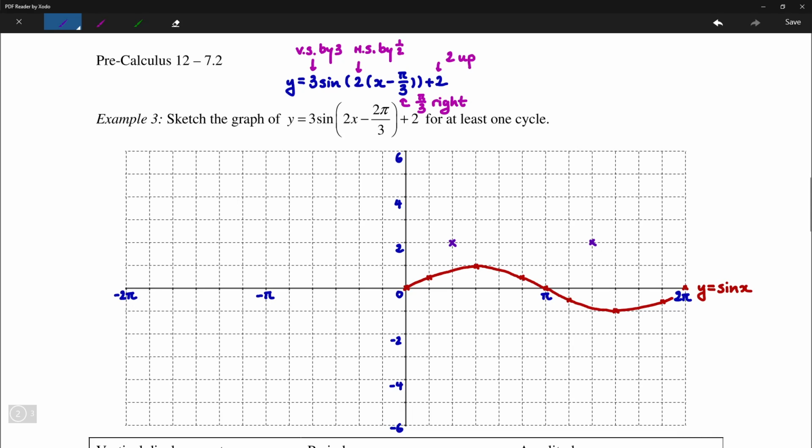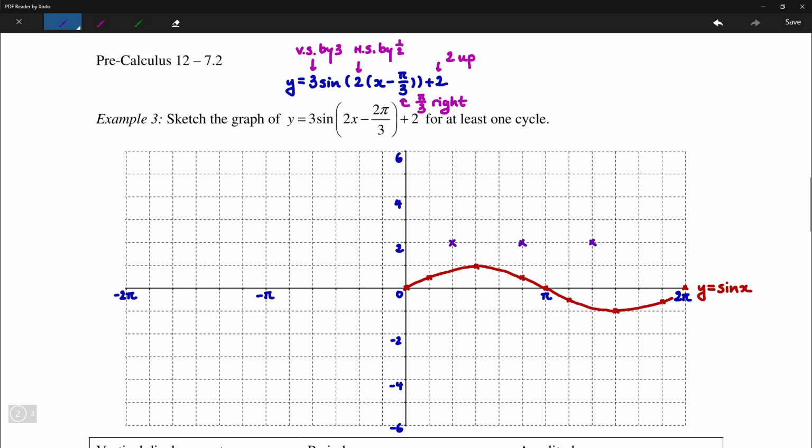Now, halfway through the function, at the middle of the period, we have another midpoint. So it's going to be there. So the point pi, 0 will be transformed to 5 pi over 6, 2, if we were to follow all the steps in transforming the point.